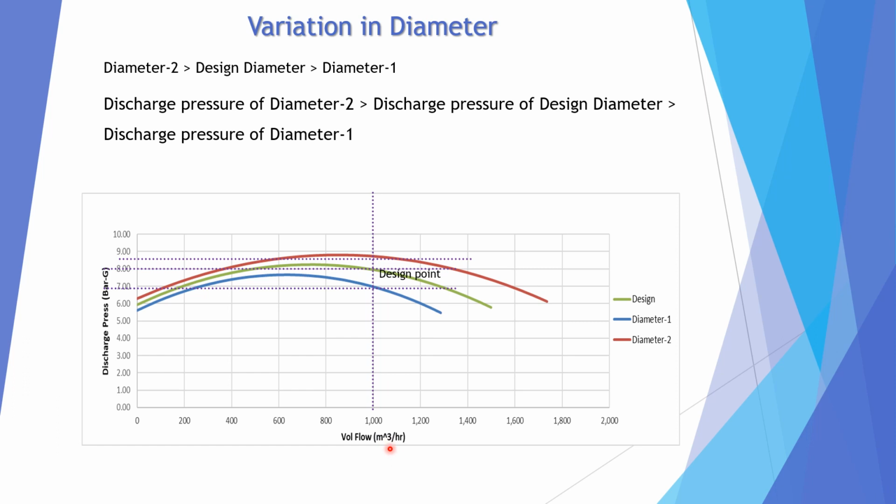X-axis is for volumetric flow, y-axis is discharge pressure. You can see in the graph, red line will have a larger diameter, will produce more discharge pressure. Blue line will have lesser diameter than the design, will produce less discharge pressure. And this is as per the expression seen just before. So larger diameter will produce larger discharge pressure.